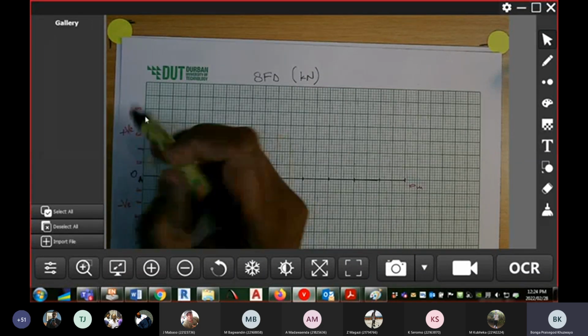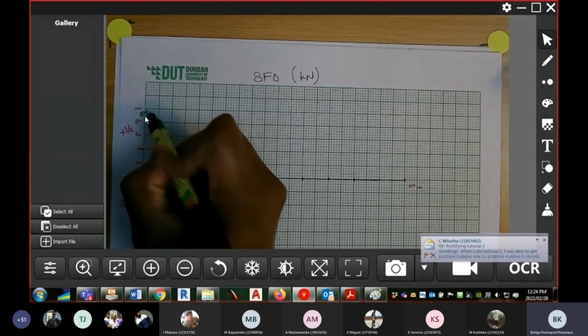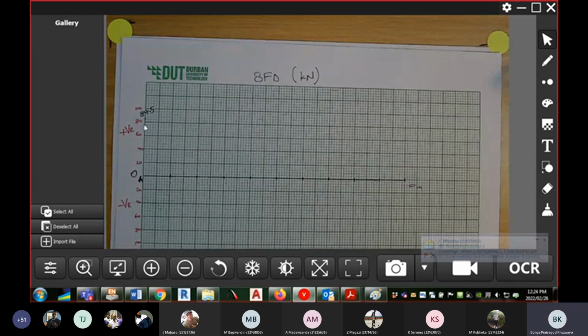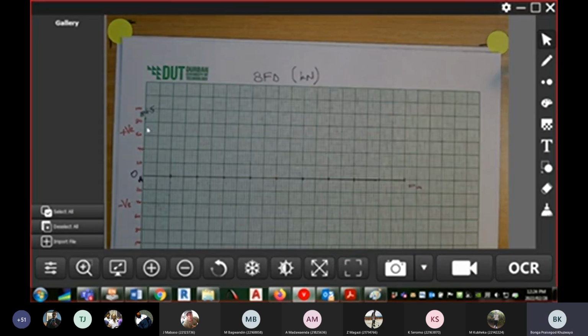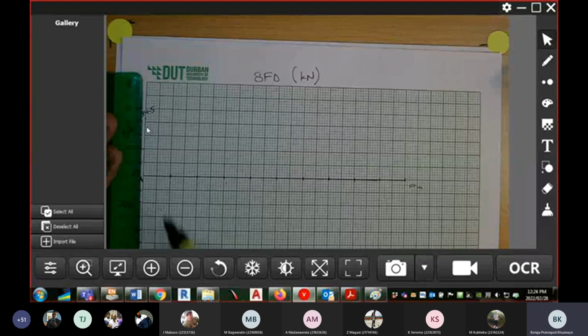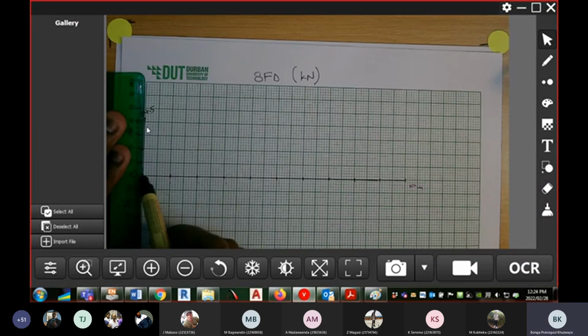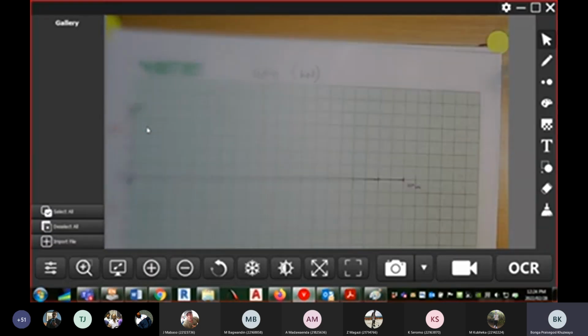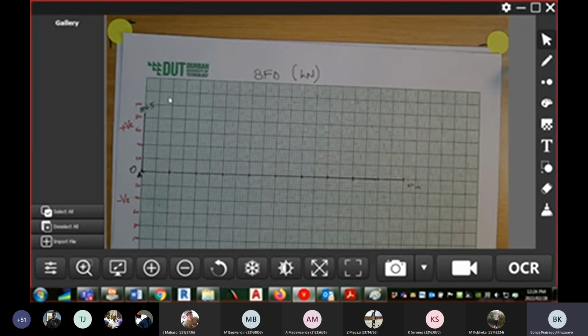So that's going to be 84.5 kilonewton. So that's the force here. We've got 84.5 and it's a plus, so we've got positive shear.